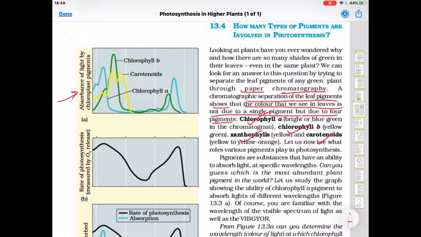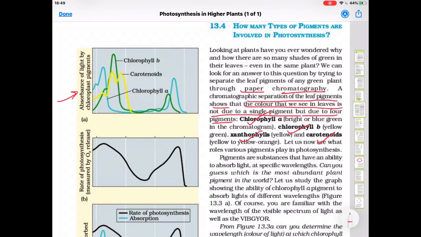Here they have shown the chlorophyll A with the blue lines because they absorb mainly the blue light. Chlorophyll B with the dark green color, greenish yellow. So they have shown the chlorophyll B with the green. And carotenoids, mainly they are yellow or yellow orange in color.